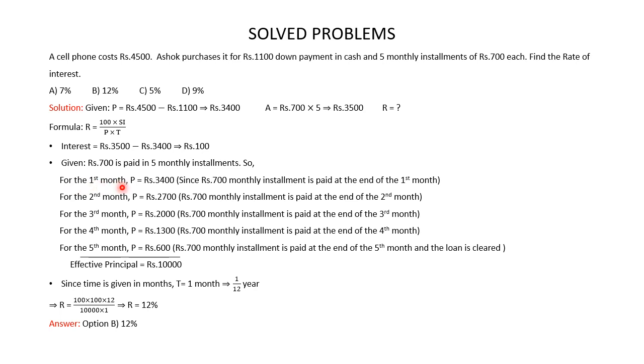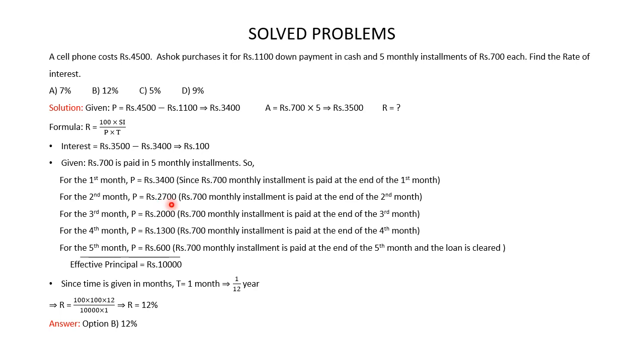So for the first month, the principal would be rupees 3,400. Now at the end of the first month, rupees 700 is paid. So the principal for the second month would be rupees 3,400 minus 700, which is rupees 2,700.